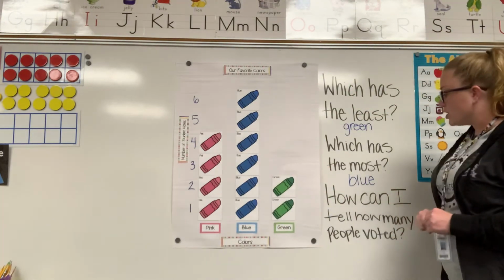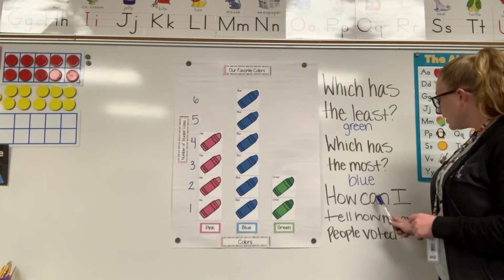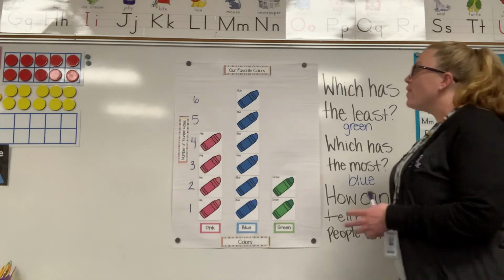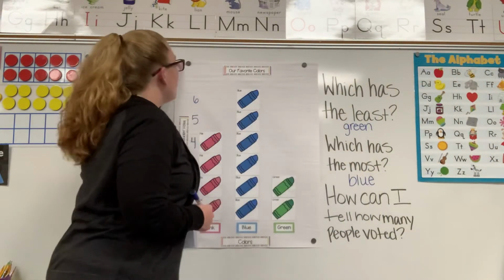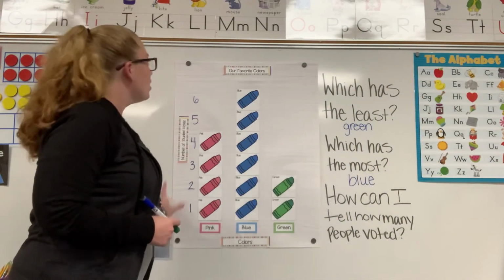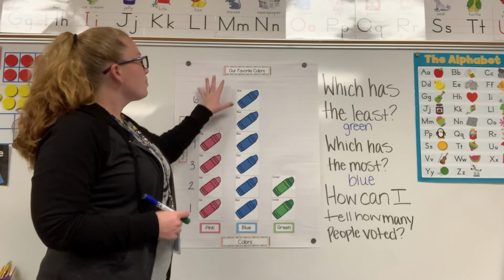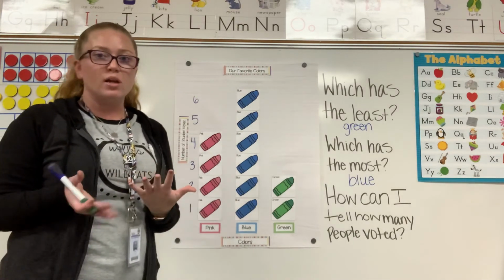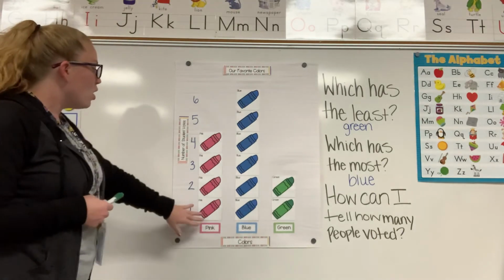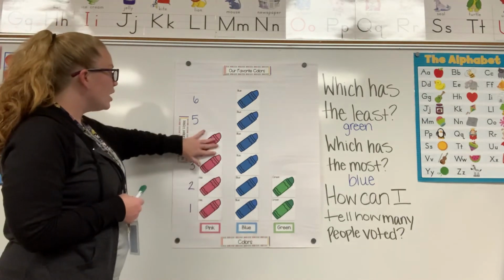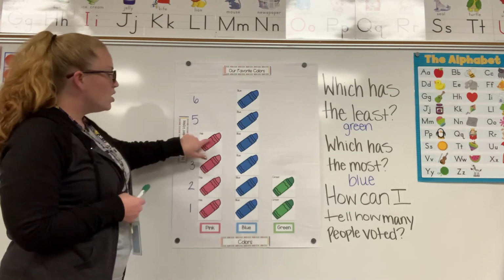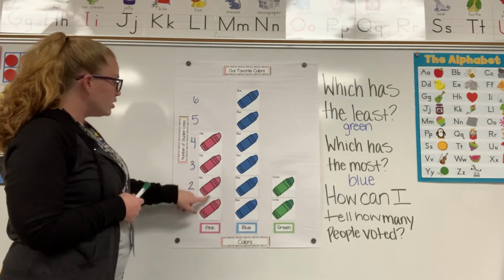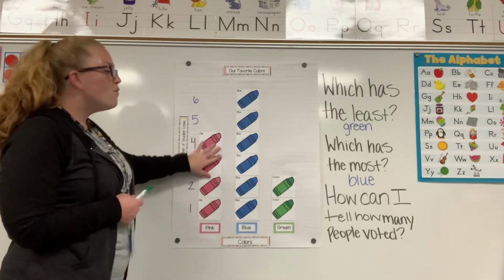And our last question, how can I tell how many people voted? So if I wanted to know the total number of votes for the colors, that would be how many students were in the class who voted. What I could do is I could go back and I can count each one of these to get the total number. So I can go back and I can count 1, 2, 3, 4. 4 pinks.